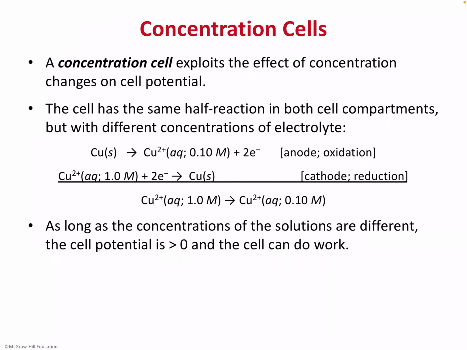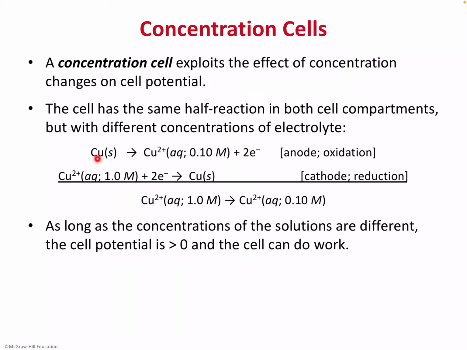Concentration cells. A concentration cell exploits the effect of concentration changes on a cell potential. The cell has the same half reaction in both cell compartments but with different concentrations of electrolytes. For example, you have two copper solutions.